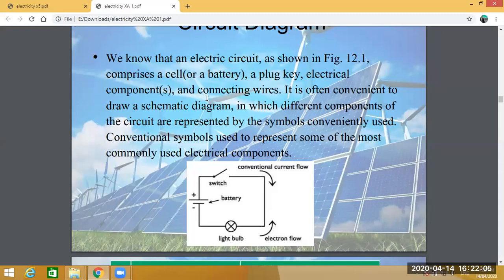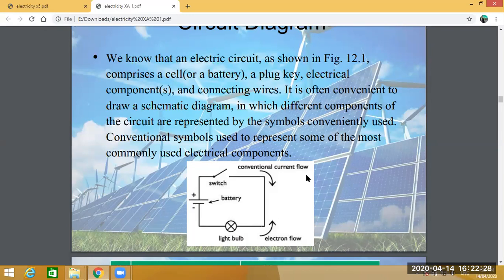An electric circuit is not a single unit. It is an integral part. It consists of so many essential components. When these components are connected in sequence, altogether they form an electric circuit. It is often convenient to draw a schematic diagram in which different components of the electric circuit are represented by symbols.